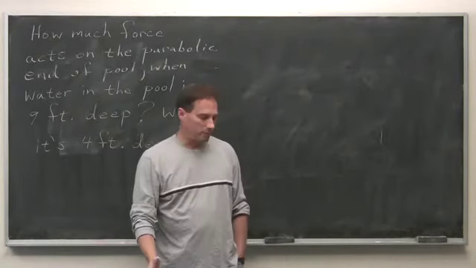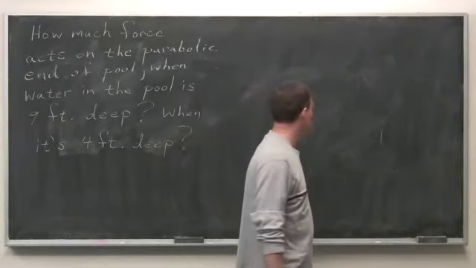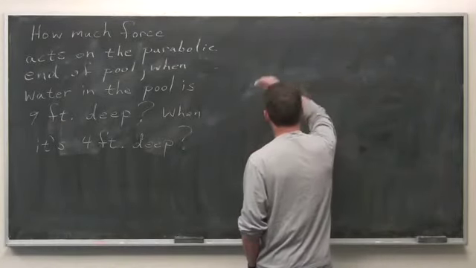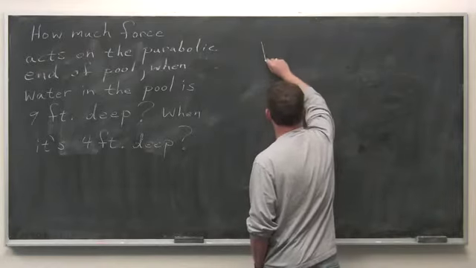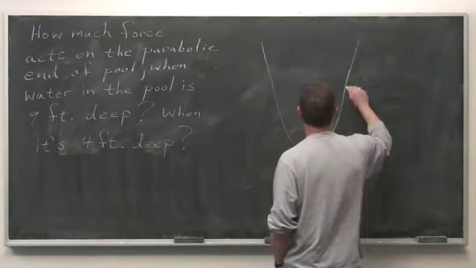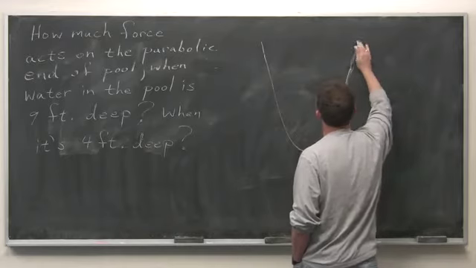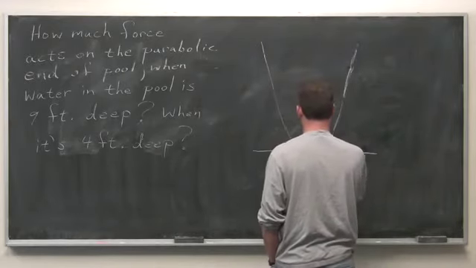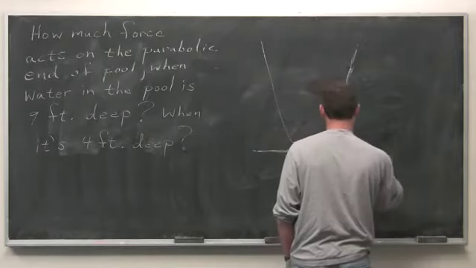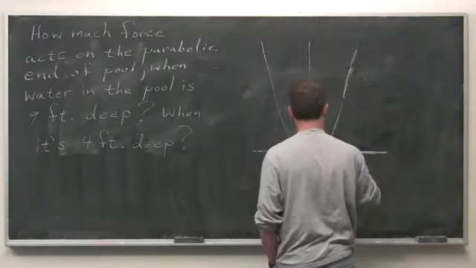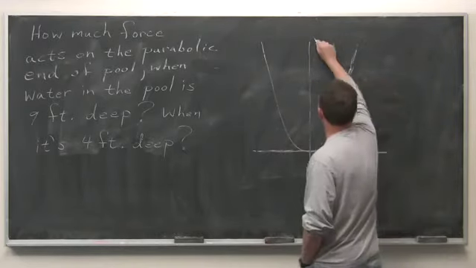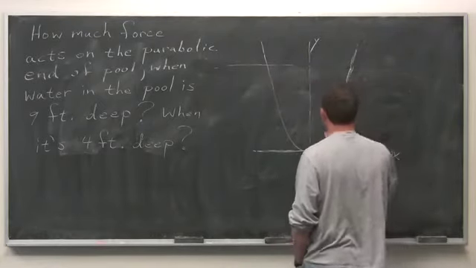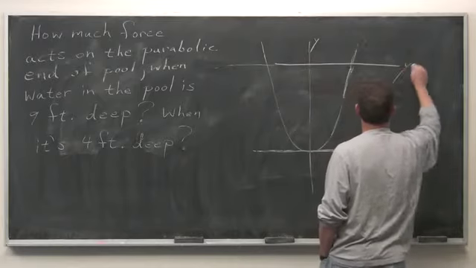Okay, compared to some of our problems, this is relatively easy. What's happening here? So you've got this parabola. Let me first do the 9-foot deep situation. So here's y, here's x, and here's y equals 9.